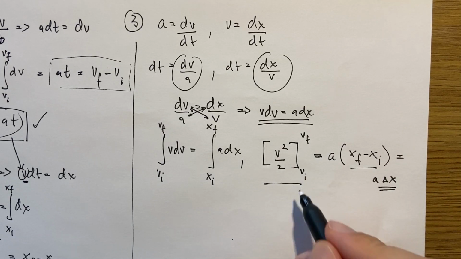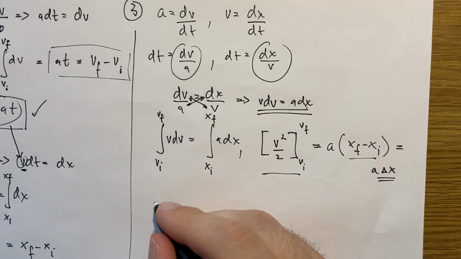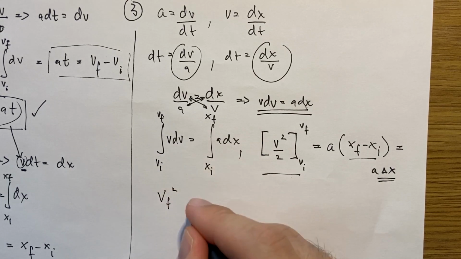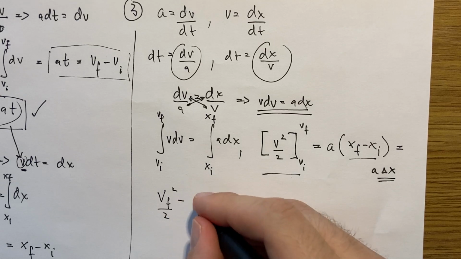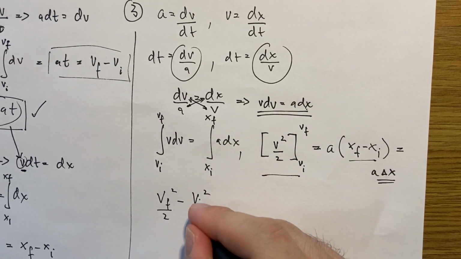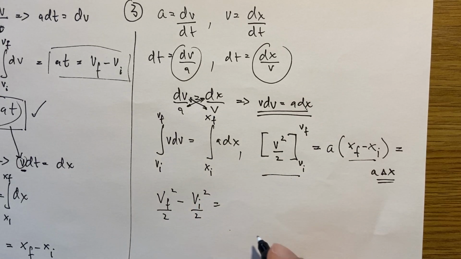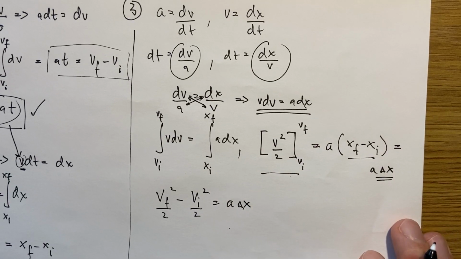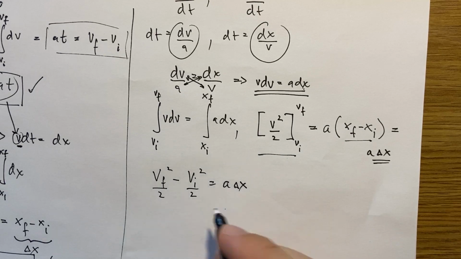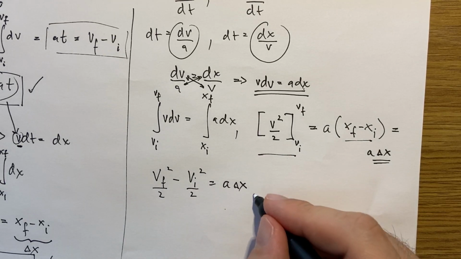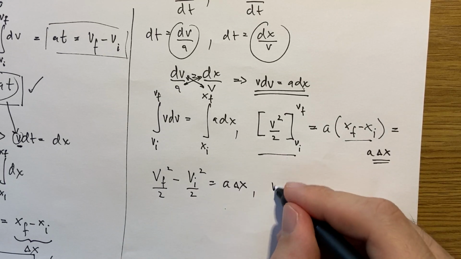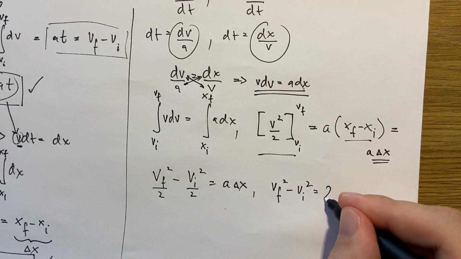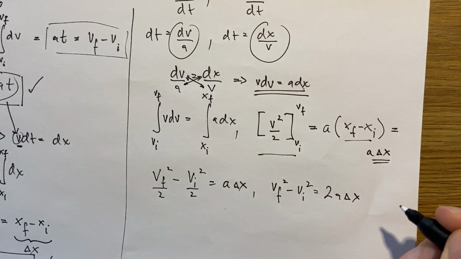Let's go ahead and develop this. We'll get vf squared divided by 2 minus vi squared divided by 2 equals the acceleration times the displacement. Now let's multiply both sides by 2. We'll get vf squared minus vi squared equals 2a delta x.